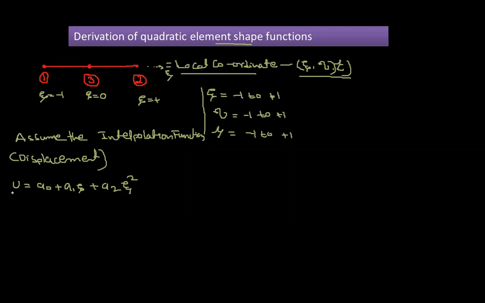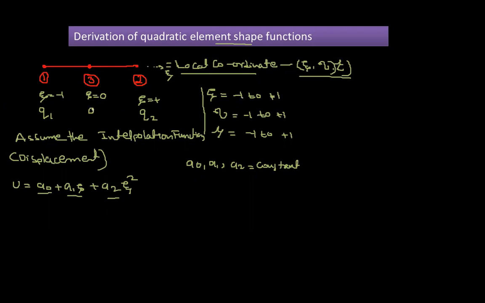This interpolation function must be satisfied at nodal points 1, 2, and 3. Let us define the values a0, a1, a2, which are constants, in terms of the nodal displacements. At nodal number 1, let q1 be the displacement, at nodal number 2, q2 is the displacement, and at nodal number 3, the mid node, q3 is the displacement.